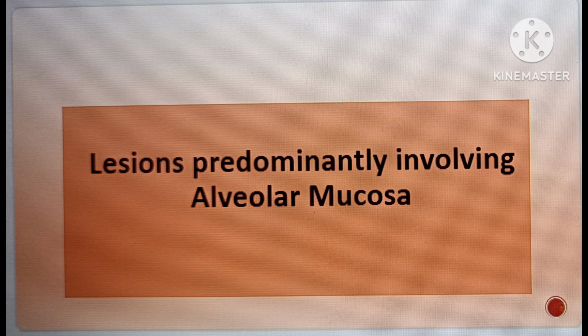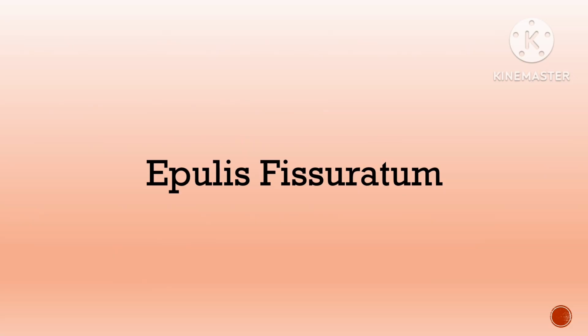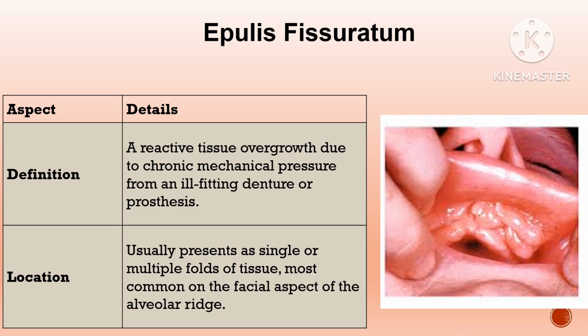Now we will talk about the lesions predominantly involving the alveolar mucosa. The fissuratum occurs in the alveolar ridge or the denture bearing area, especially along the edges of ill fitting dentures or poor fitting prosthetics. Clinically, it appears as a firm, painless mass that forms in the mucosa around the denture borders.